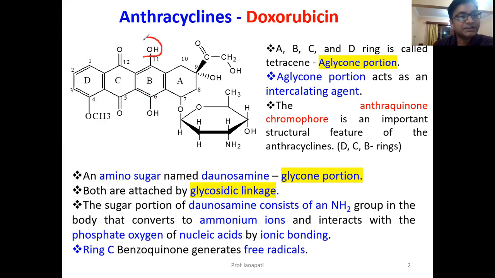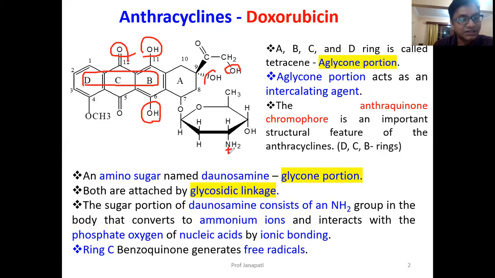Because of this chromophore group, once it enters the DNA molecule, these hydroxyl groups and the keto group bind to the bases through hydrogen bonding. Now, the sugar portion has an amine group.